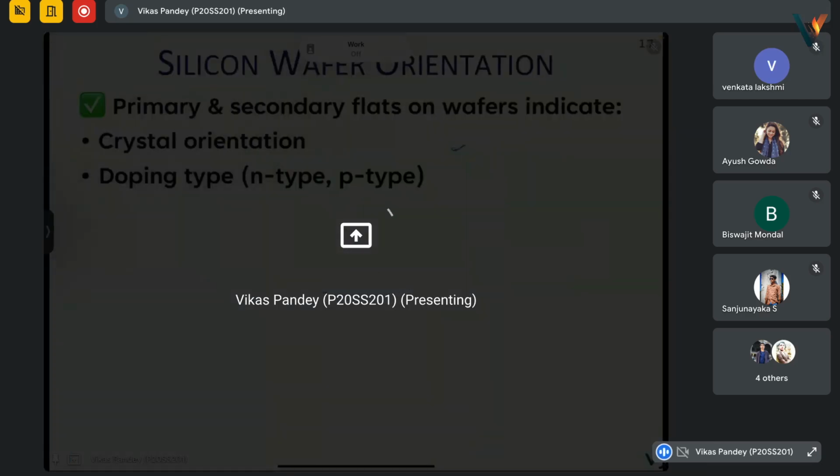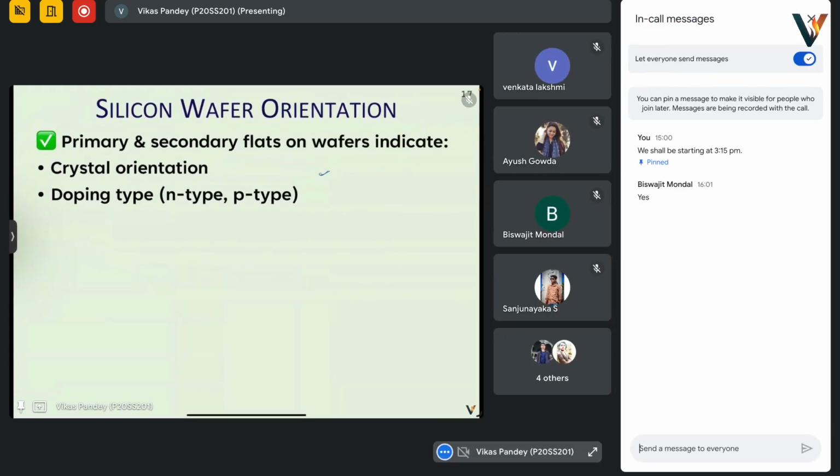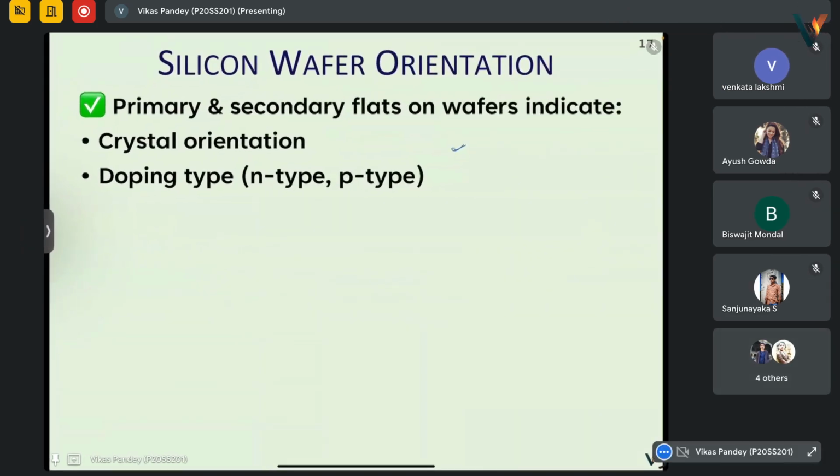Yeah, my screen is visible. Hello, can anyone unmute and speak?